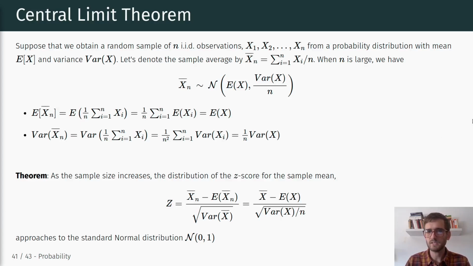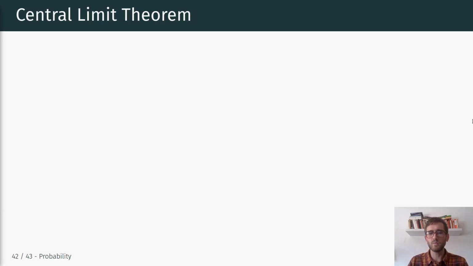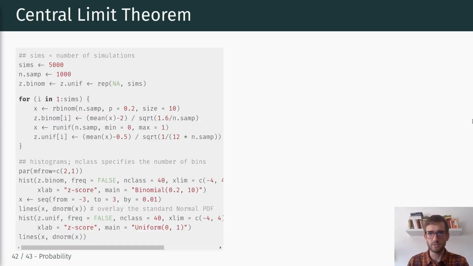Okay. So what does that mean? Again, we will look at a brief simulation exercise in R to visualize what this actually means. We'll look at 5,000 simulations with a sample size of 1,000, and again we're going to look at a binomial distribution and a uniform distribution.